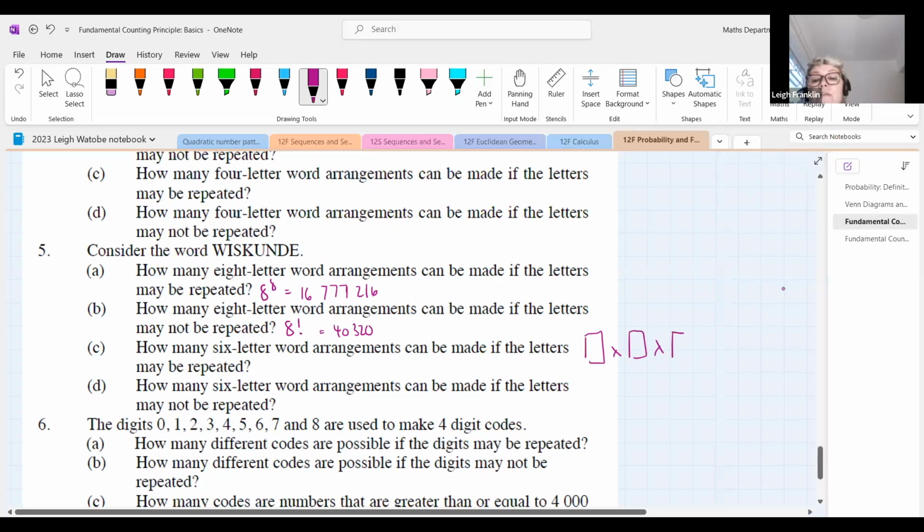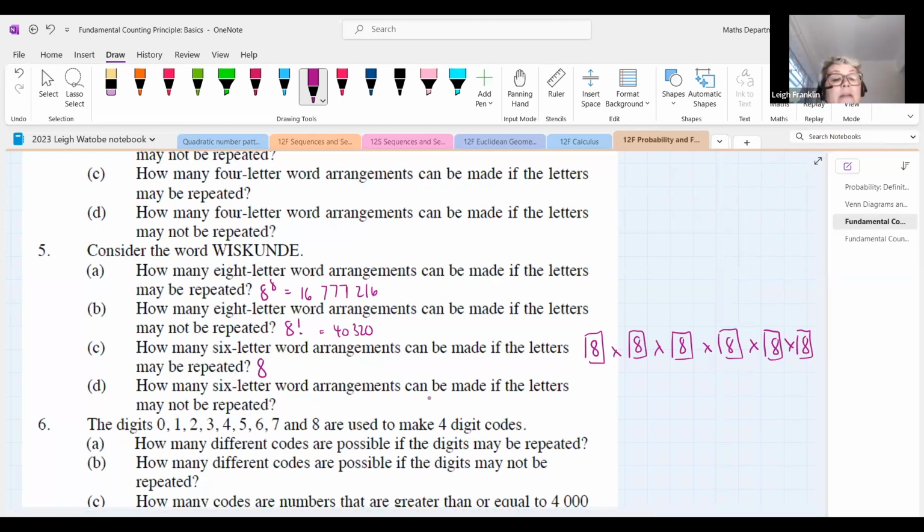Okay, we've got a 6-letter word, so we've got 6 blocks that we can fill. Okay, but we could put 8 letters in here, or 8 letters in there, or 8 letters there, or 8 letters there, or 8 letters there, or 8 letters there. So it has to be 8 to the power of 6. So there's our exponential notation coming through. 8 to the power of 6.